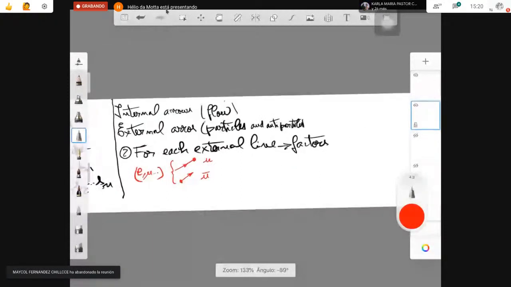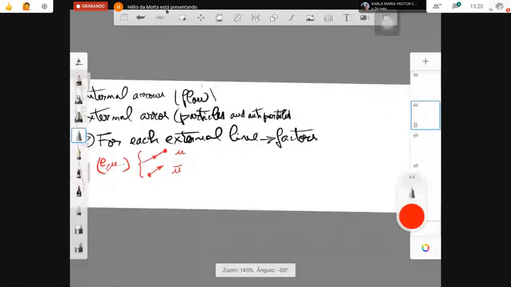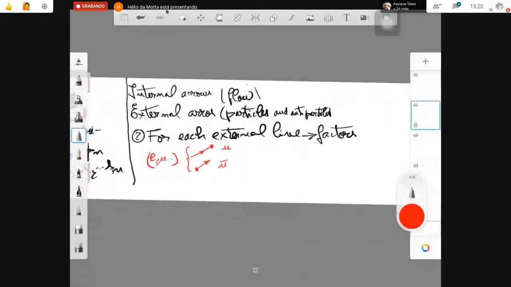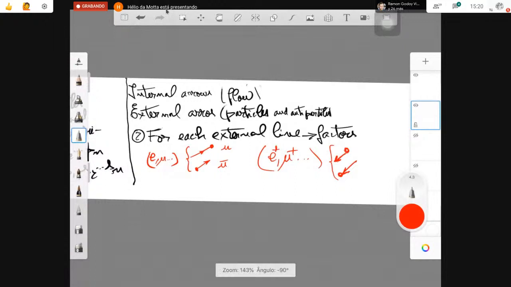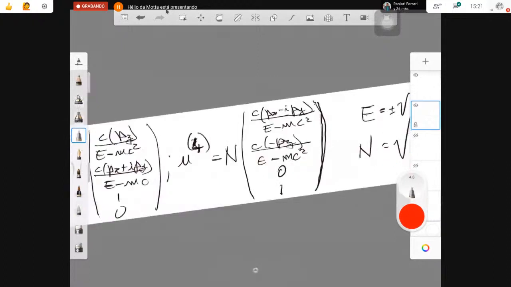Okay. If you have a positron or antimuon, meaning an antiparticle, we're not going to use the U that we used for the particles. Remember that for these, when you have this thing that we call U, we have a negative energy.